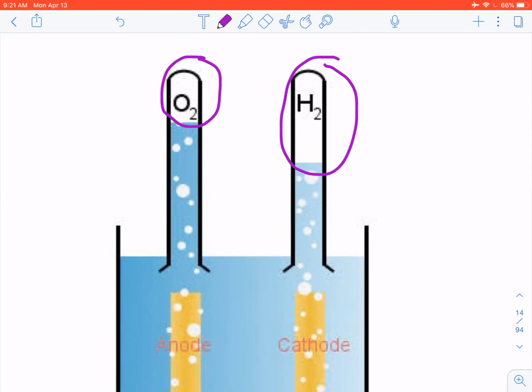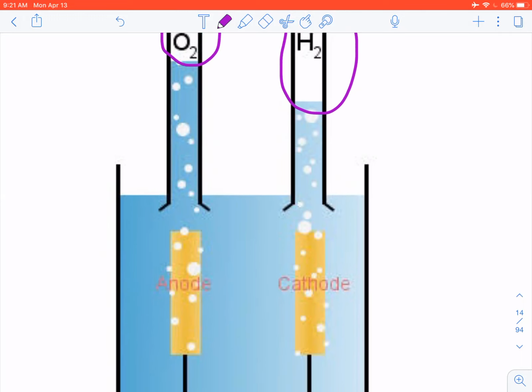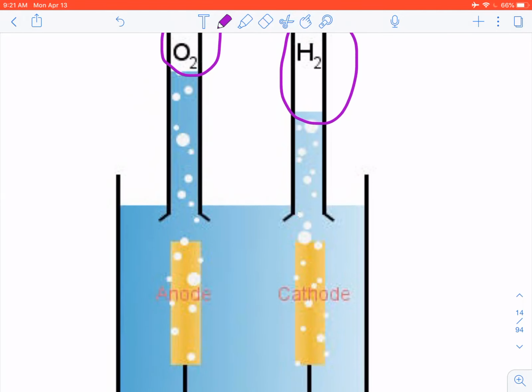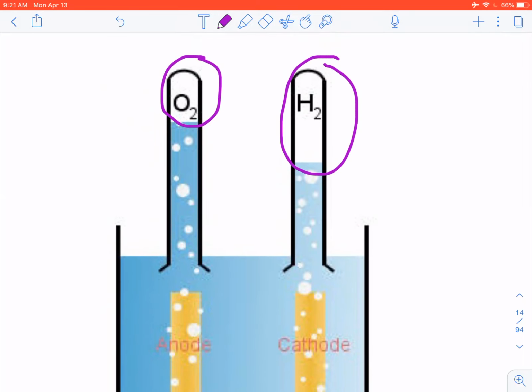There are other species as well in the system, like you may get hydroxyl ions and H plus ions, but I'm looking at the overall reaction. Once water becomes electrolyzed, it means if you use electricity, you can separate these respective elements.